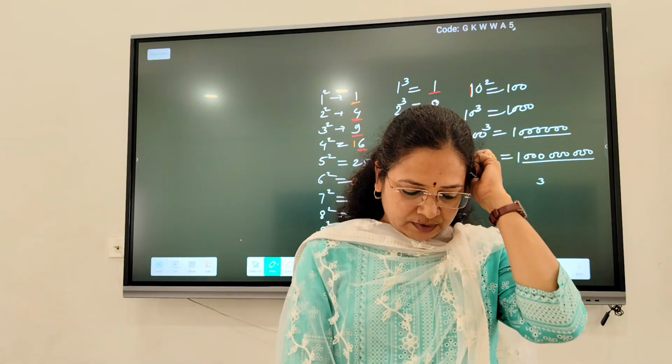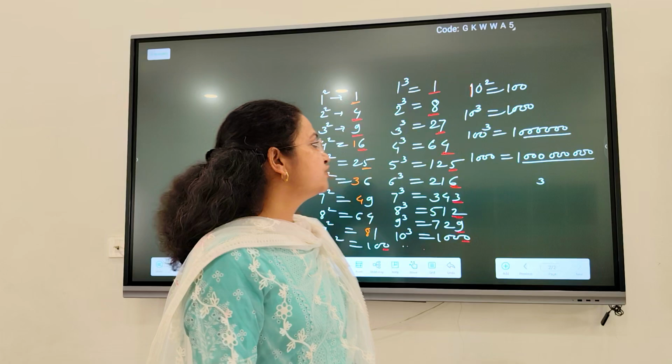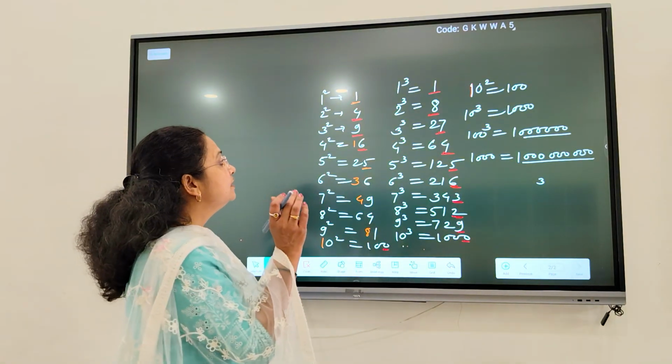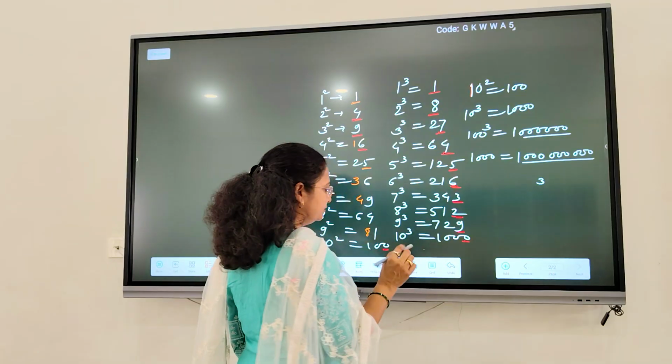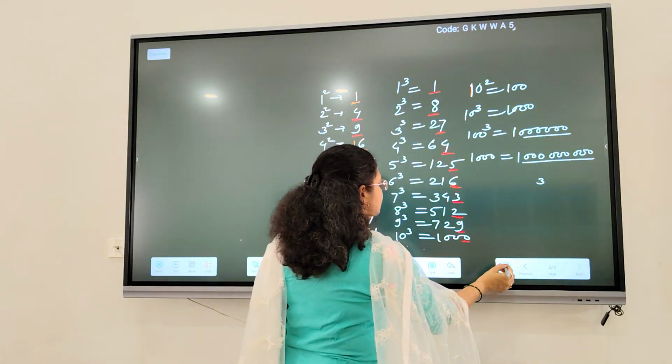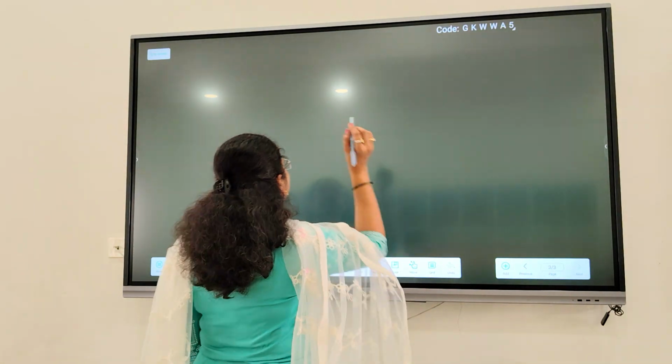Now we have seen how to find the square by factorization like this. But you have to first write the unit place number. So I will give you a chart.